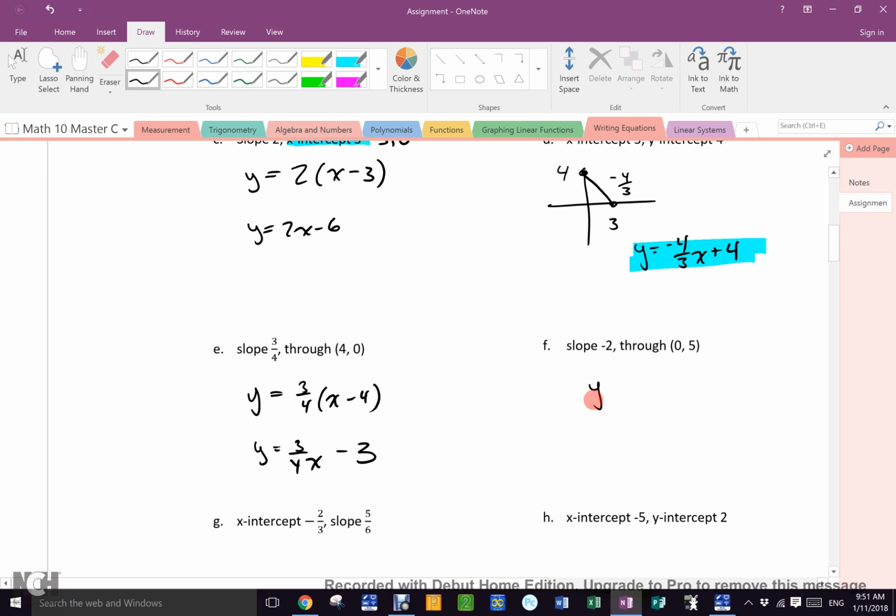This is y equals negative 2x plus 5, because that is in slope-intercept form, because that's a y-intercept. Or you could have y minus 5 equals negative 2x plus 0, which I would accept, but I don't really like, right? Because that isn't how we would write that. If you wanted to leave that in point slope form, the best way would be negative 2x. But again, I would accept all three.